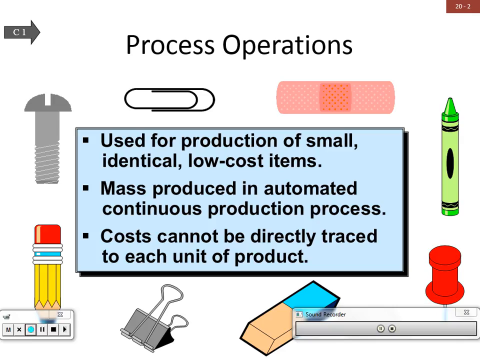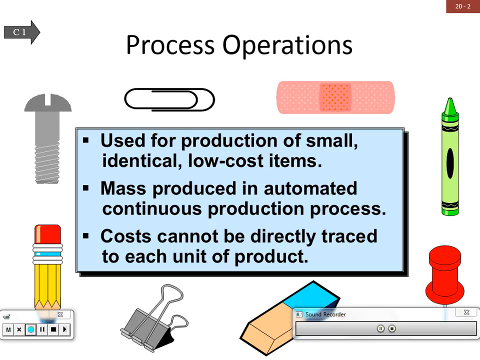So what this says is it's used for production of small, identical, low-cost items, mass-producing, automated, continuous production processes, and costs cannot be directly traced to each unit of product. In job costing, because they may make custom products and it may be one of something, you can allocate or trace those costs right back to that particular job, that unit.